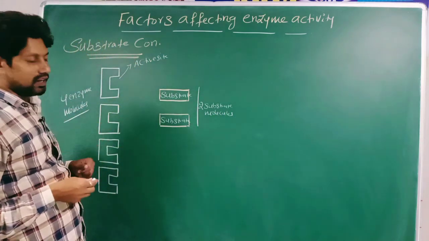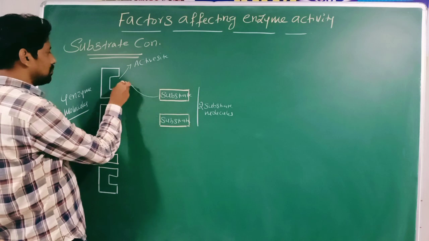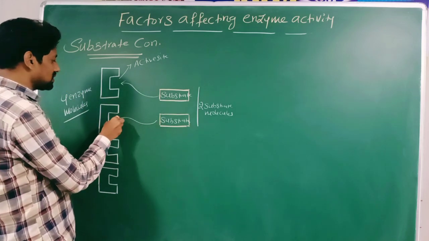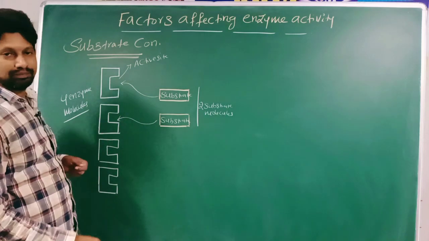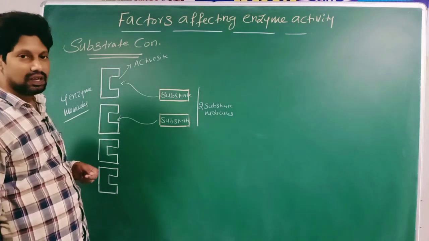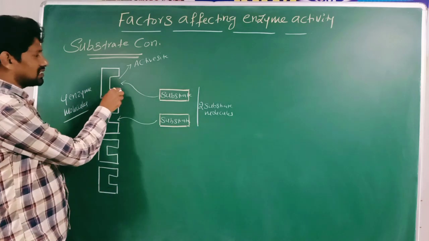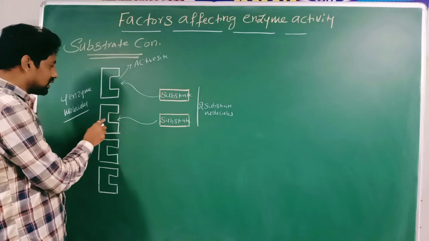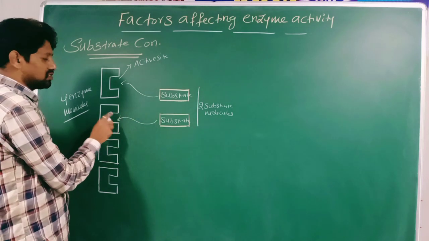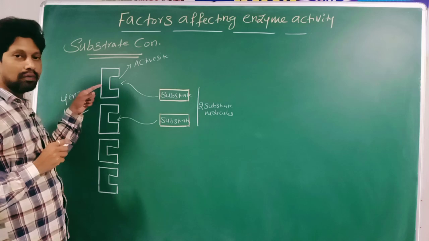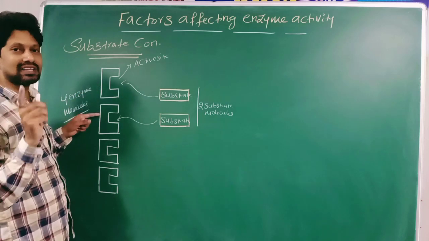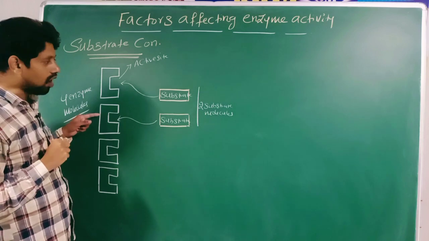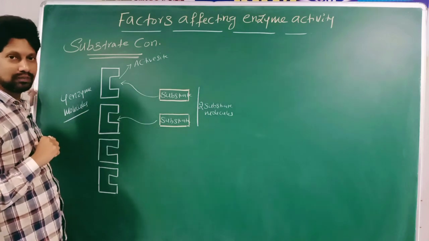One substrate goes and binds in the active site of this enzyme. Another substrate molecule goes and binds in the active site of this enzyme. It means now the active sites of these enzymes are saturated by substrate molecules. So 2 enzyme molecules are saturated by 2 substrate molecules.